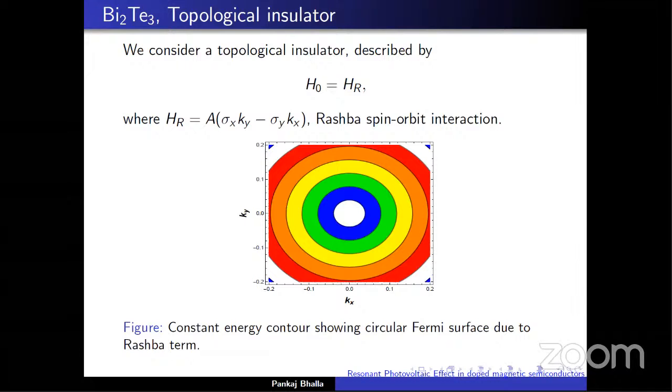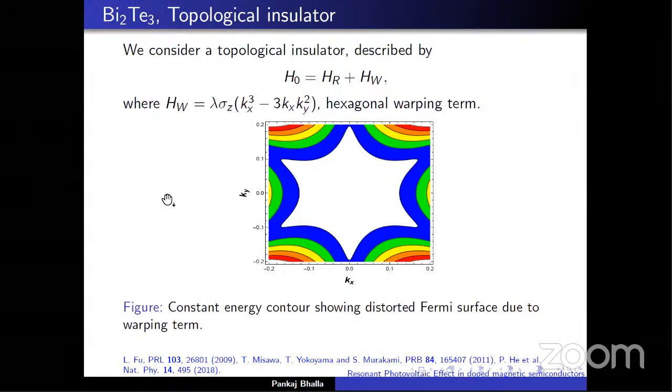Now, theoretically, how can this be explained? Liang Fu, in 2009, considered the third order wave vector term, which he established taking the k dot p theory, expanding it to the higher order terms, and using all the symmetry arguments, mirror symmetry and C3v symmetry.